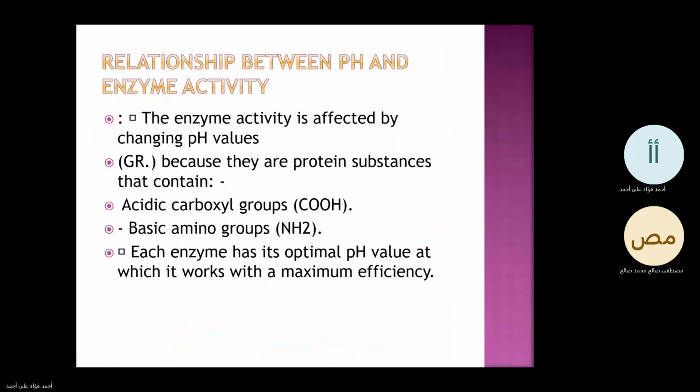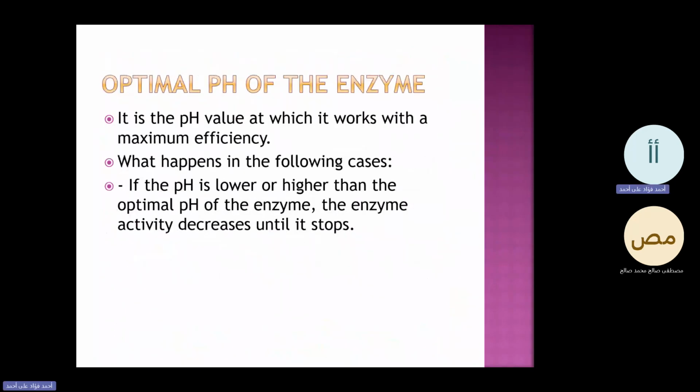So enzyme is affected by pH value. زي ما الانزيم عندها optimal temperature، برضه الانزيمز عندها optimal pH اللي هي the pH value at which the enzyme becomes most active. طيب نفس الكلام برضه، ايه اللي هيحصل الانزيمز activity when the pH increases or decreases عن الoptimal degree. If the pH is lower or higher than the optimal pH of the enzyme activity decreases until برضه it stops.